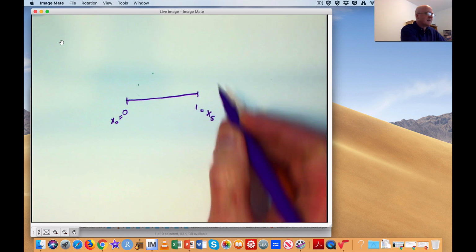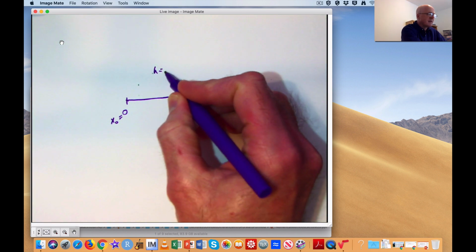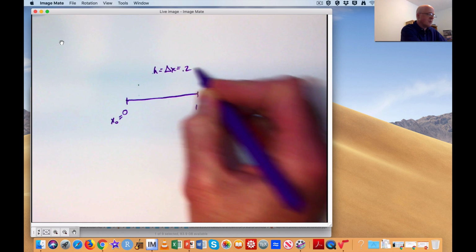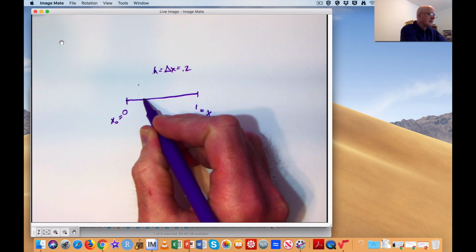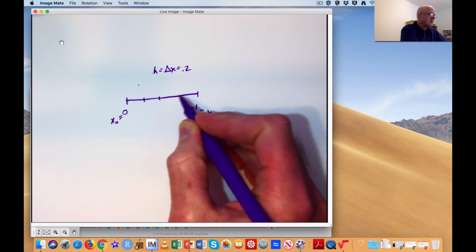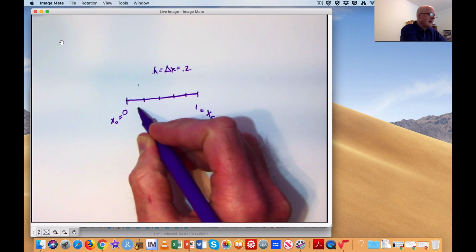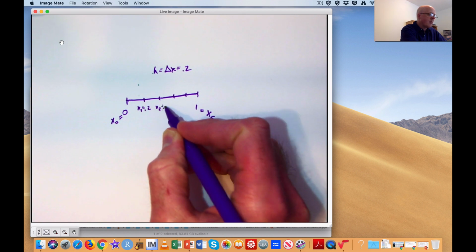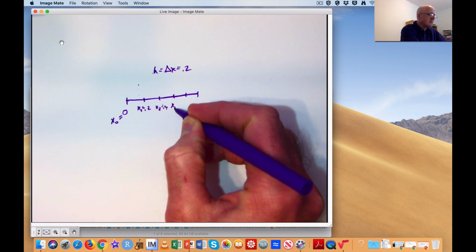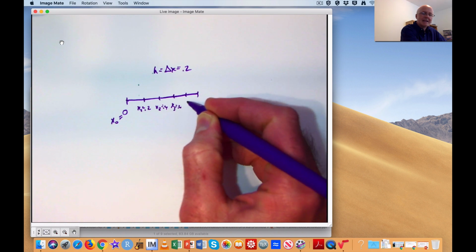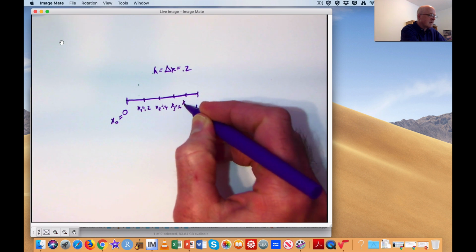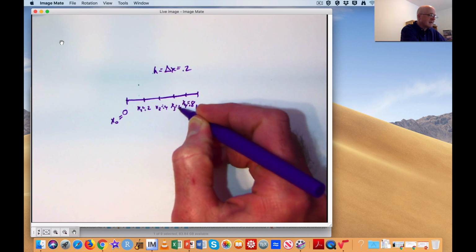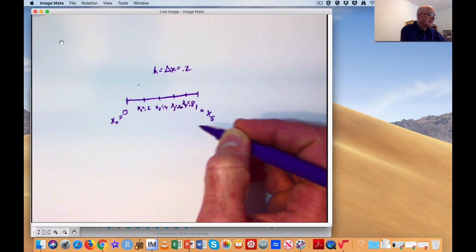And we're going to take h, which is delta x, to be 0.2. So break this up into 5 subintervals, each of length 0.2. x1 is going to be 0.2, x2 is going to be 0.4, x3 is going to be 0.6, and x4 is going to be 0.8. That's a 0.6 there in case you can't quite see that.